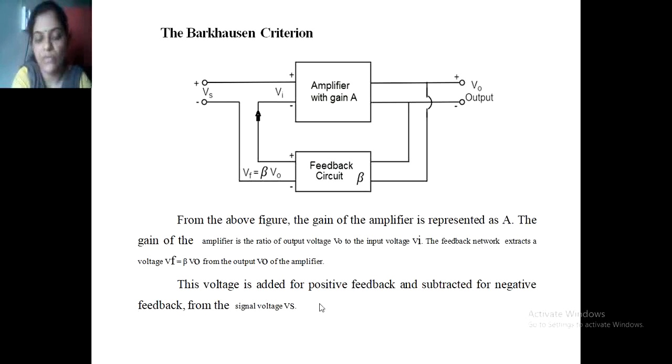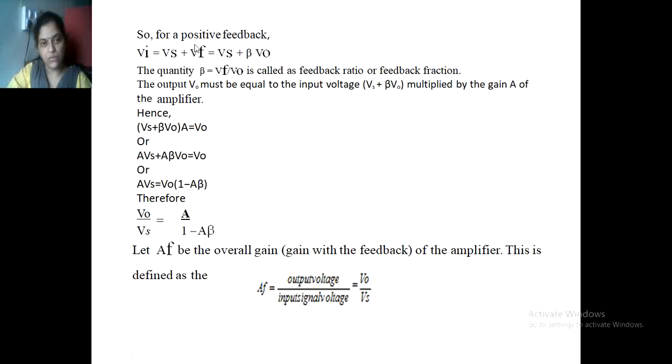From the above figure, the gain of the amplifier is represented as A. Vf is equal to beta into V0. With the signal voltage Vs, for positive feedback Vi is equal to Vs plus Vf, and this Vf is replaced by beta V0.